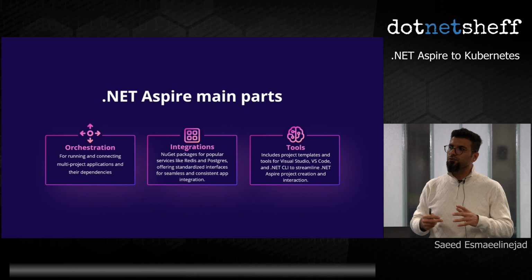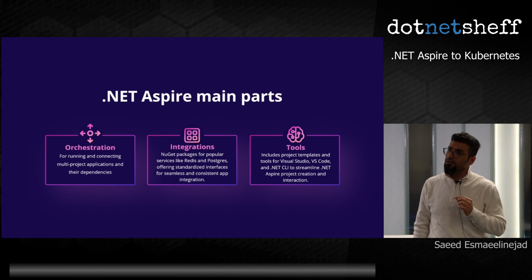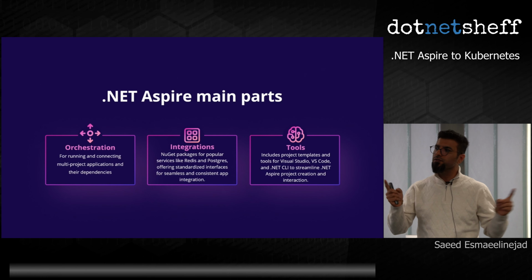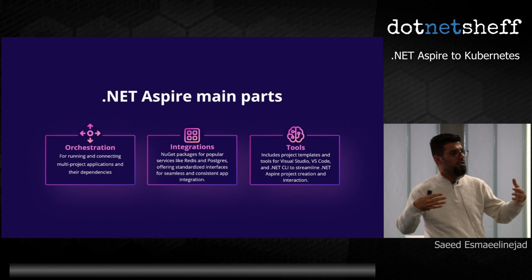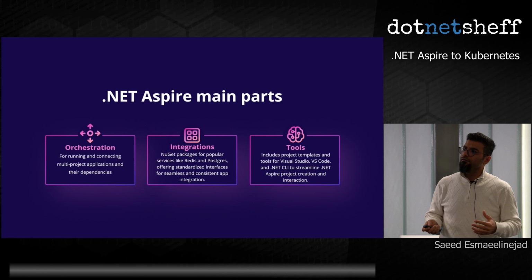Usually the gateway dispatches all the requests to downstream services, but here we also have one project in Aspire that is responsible for integrating all of those parts, making it easy for them to communicate with each other.